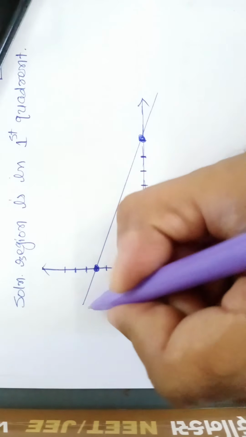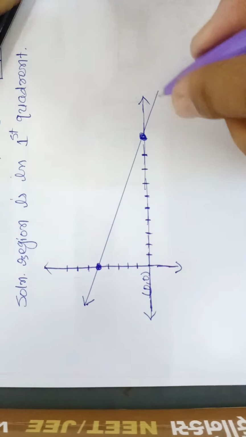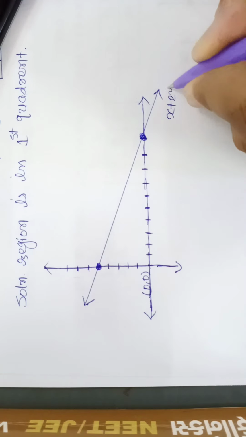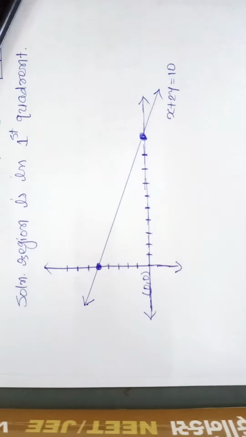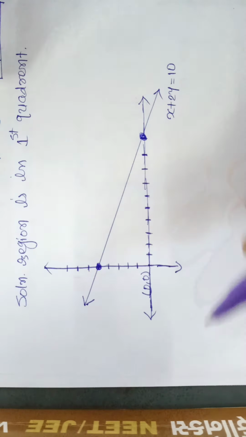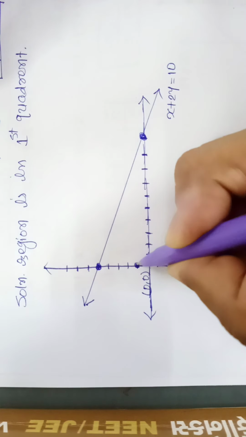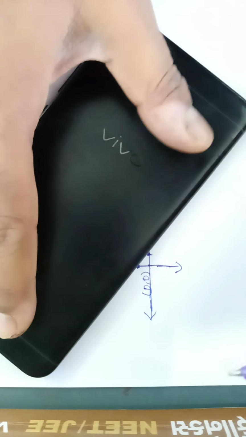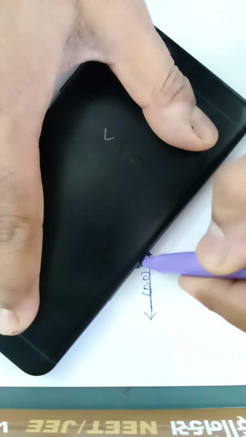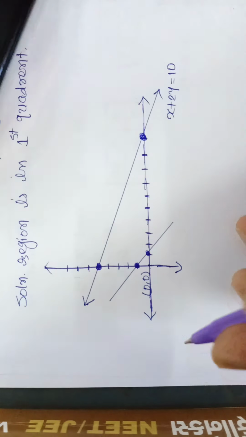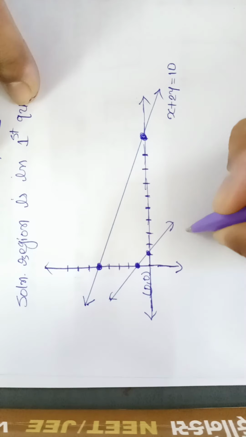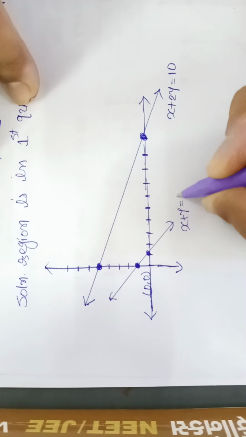Okay, so this is the line x plus 2y equals 10. After this, the two points 0, 1 and 1, 0, a simple line passes through here and here. So this is the line, just passing through these 2 points. This is the line x plus y equals 1.